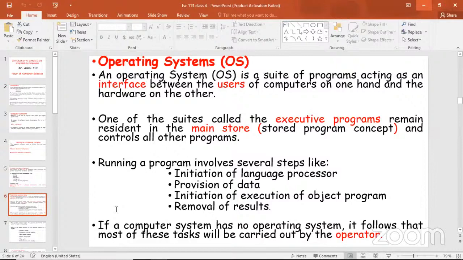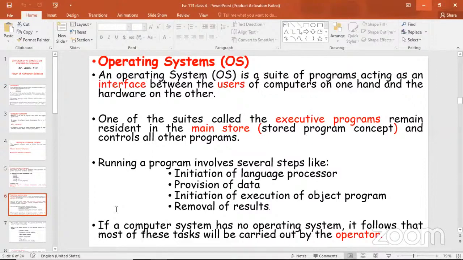Now, running a program involves several steps, and they include initiation of the language processor, provision of data, initiation of execution of the object program, then removal of results after final computation. Now, if a computer system has no operating system, it then follows that most of these very strenuous tasks will be carried out by the operator.